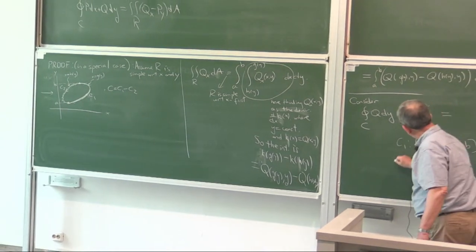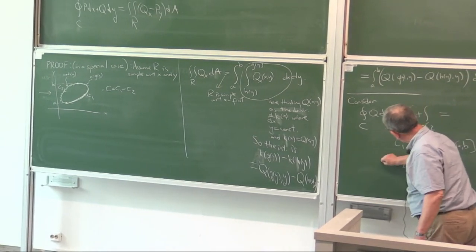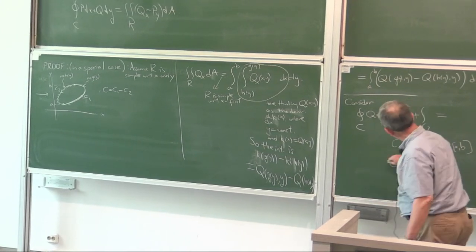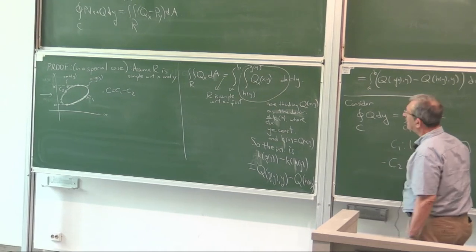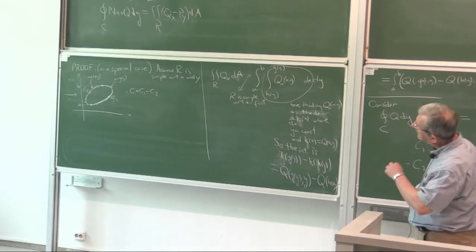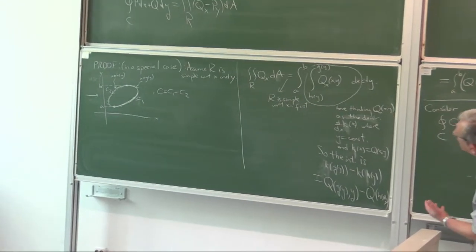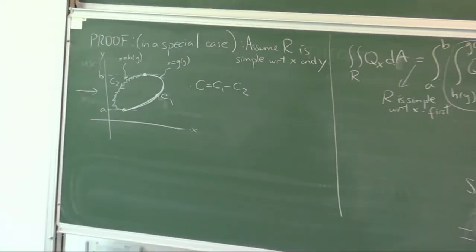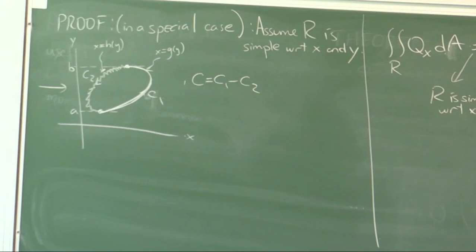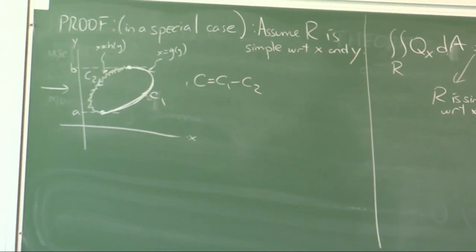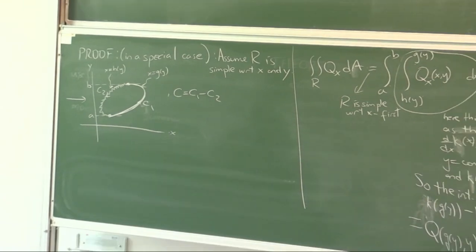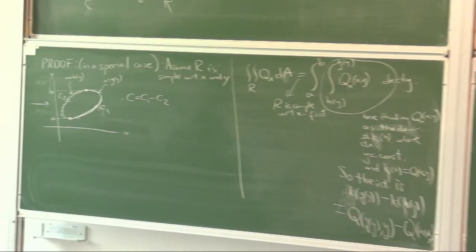For minus C2, in this case, the x values are h of y, y, and y changes in the opposite direction, so a to b again.